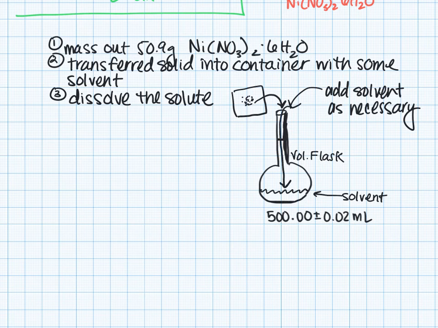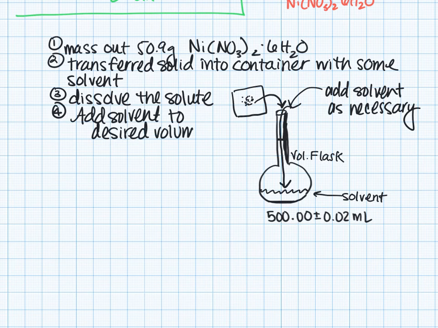You don't see any solid down here. It's a homogeneous mixture. And then I'm going to add solvent to desired volume. And remember, this line right here is what indicates the desired volume. You want to make sure that the bottom of the meniscus hits that line. And that's how you're going to make a solution in lab.